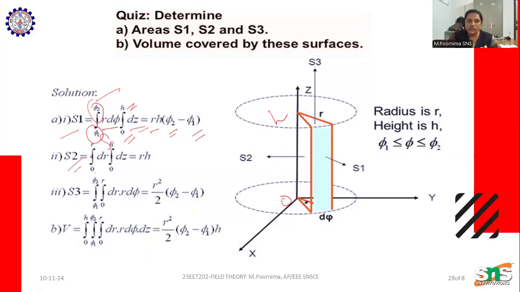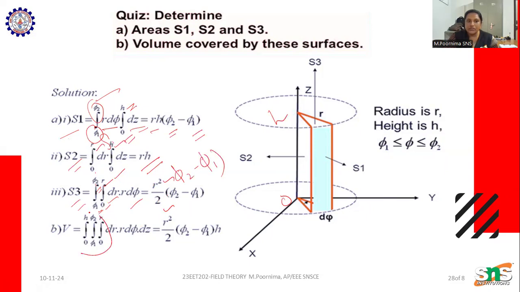S2 is the integral from 0 to r and 0 to h, which is r times h, representing the height. S3 is the integral of phi 1 to phi 2 and r from 0 to r of r dr d phi, which is r square by 2 times (phi 2 minus phi 1).